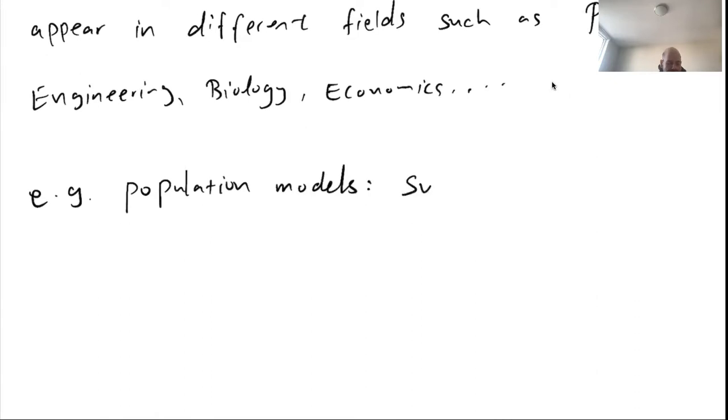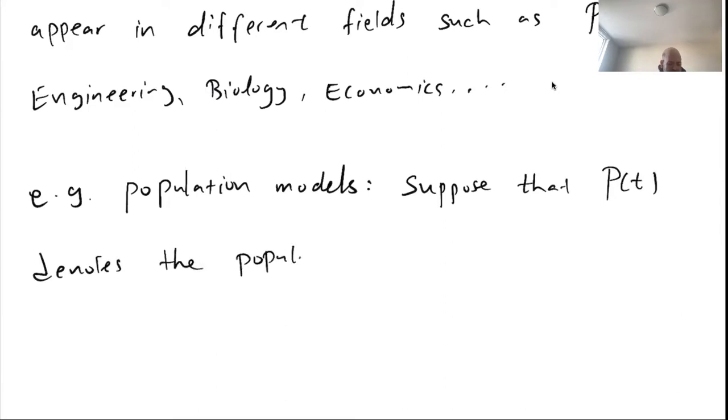So for example, population models. Suppose that P of t denotes the population at time t.